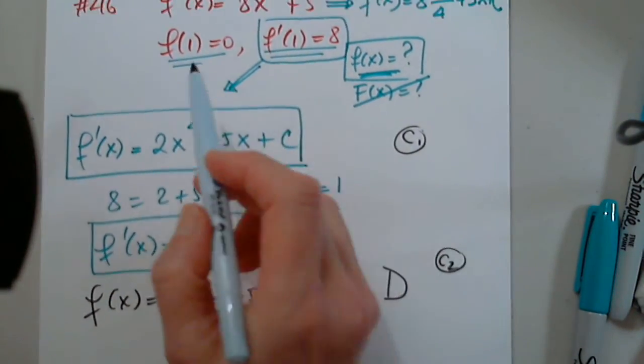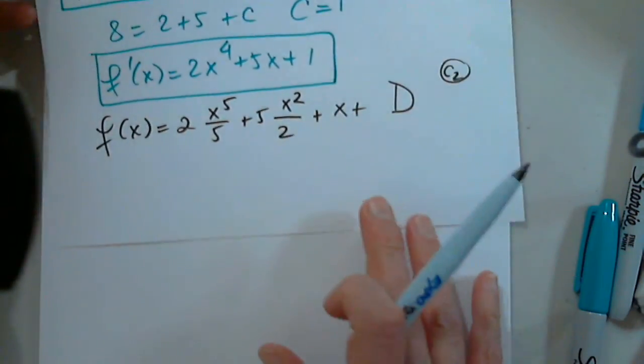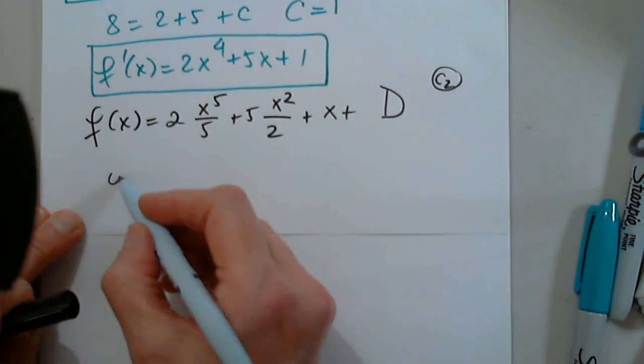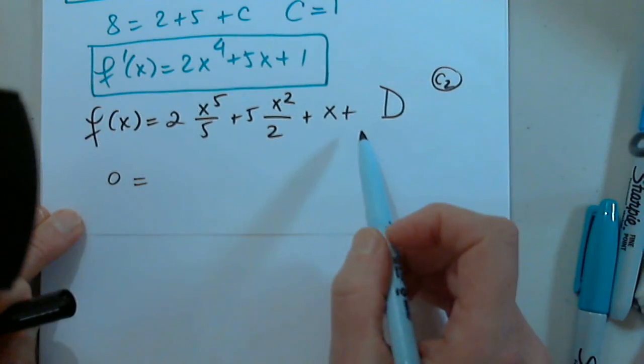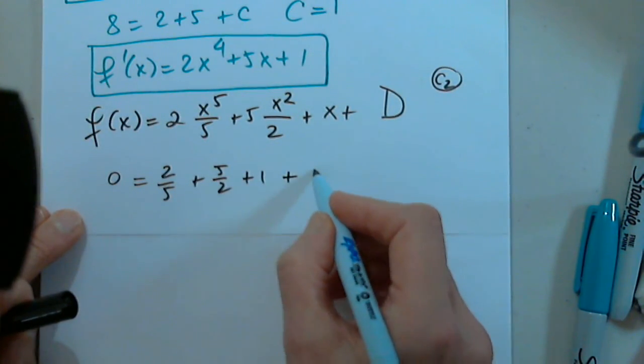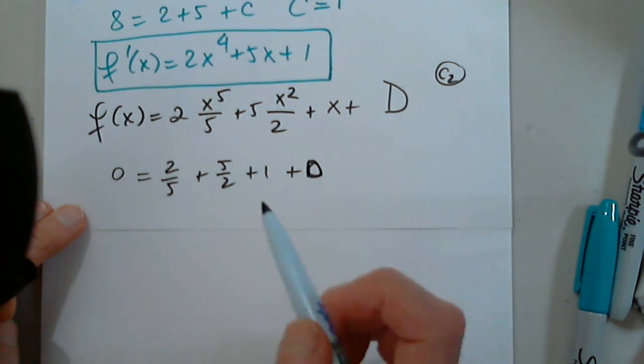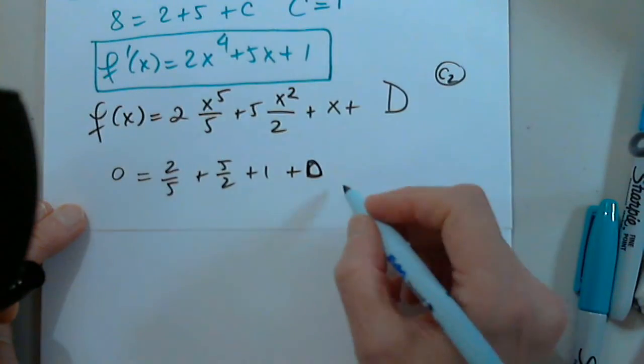Okay, and this condition, f of 1 is 0, which means 0 equals 2 fifths plus 5 halves plus 1 plus d, of course. Okay, so then the least common denominator is 10.